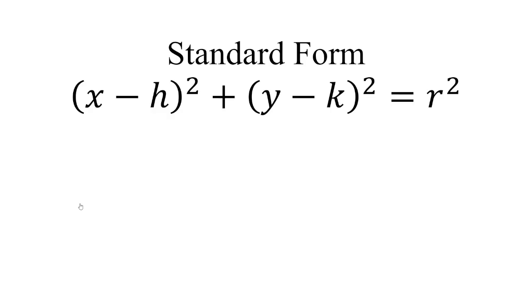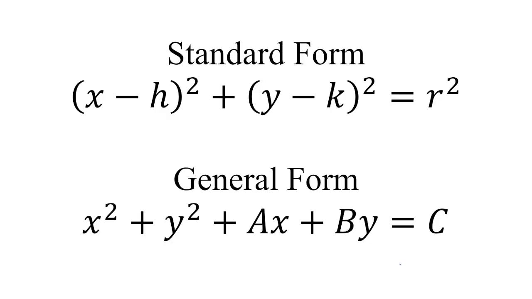And now, I will introduce to you the general form: x squared plus y squared plus ax plus by equals z. What we're going to be talking about today is converting from standard form to general form.